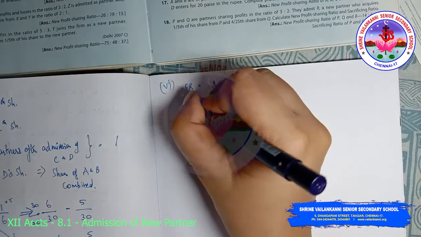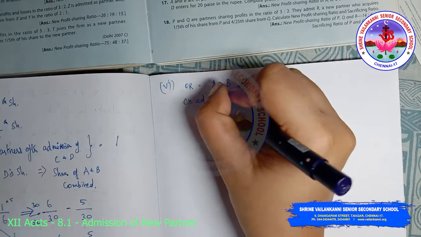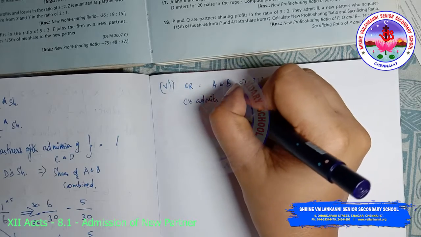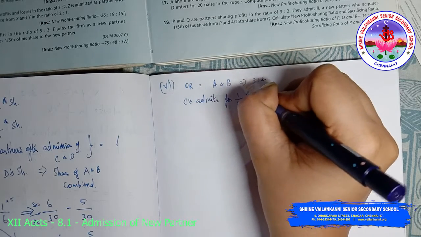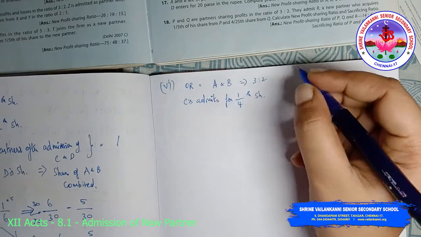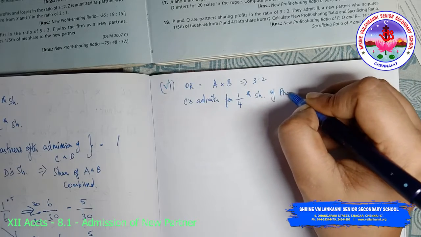So C is admitted for 1/4 share of profits.